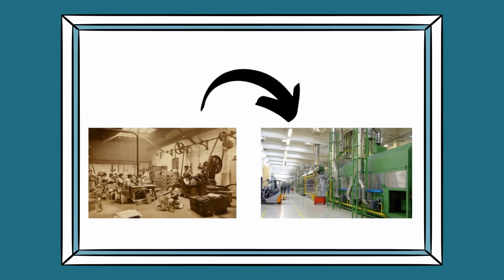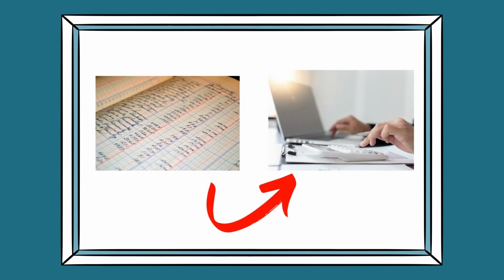In early days, laborers worked in factories, mainly contributing in the production process, but nowadays, machineries took their places. Today, computers and information systems are used to record accounting information instead of the manual accounting books used in the past.